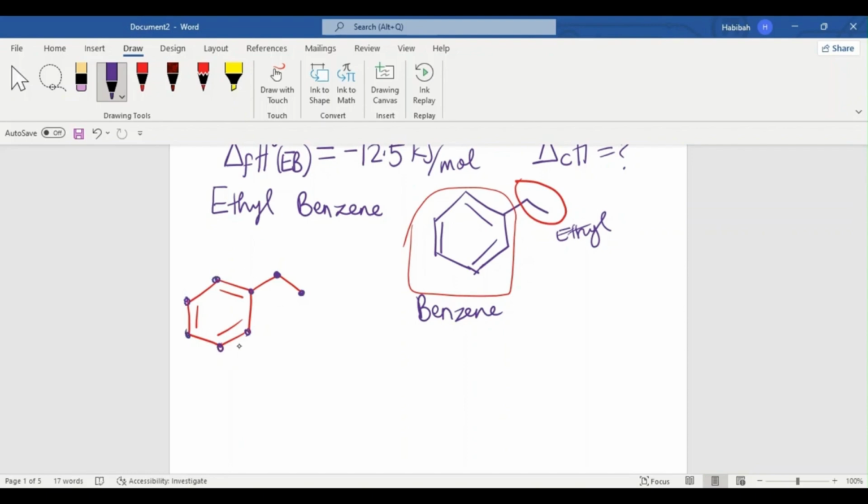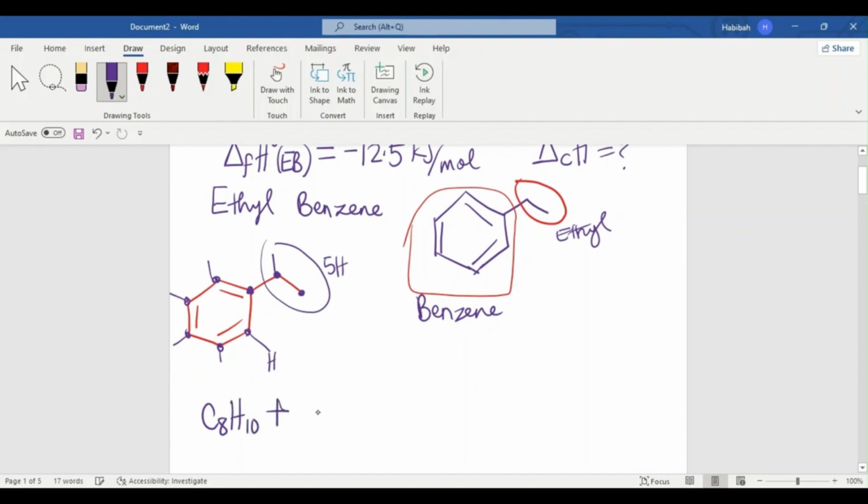So you end up with C8. Then we determine how many hydrogens. This is CH2, we have CH3. This place has five hydrogens. This place has no hydrogen because there are four bonds. So one hydrogen here, another here, third, fourth, and fifth. So five hydrogens plus the five hydrogens in the ethyl group gives you 10 hydrogens. So you have C8H10.